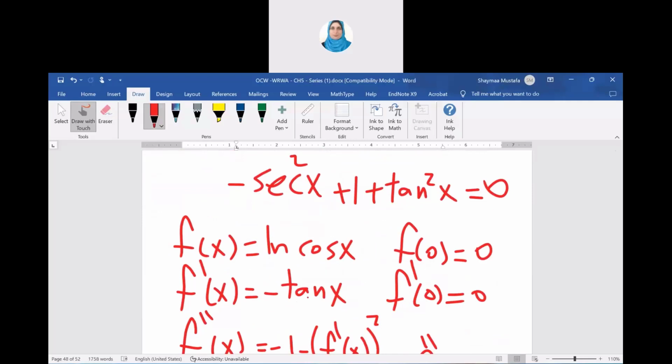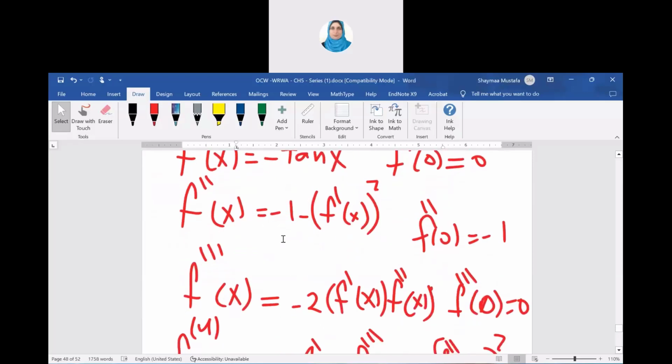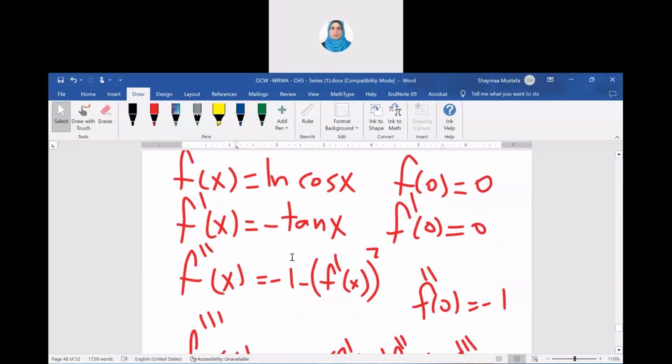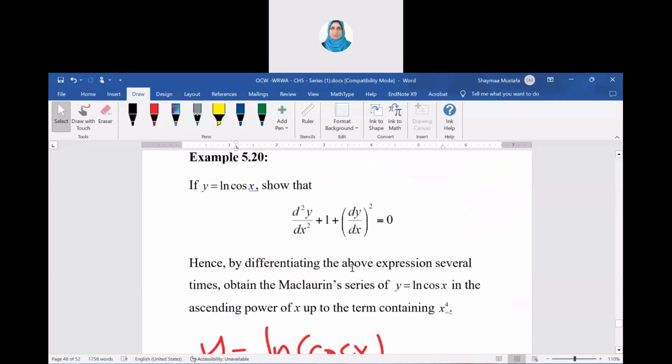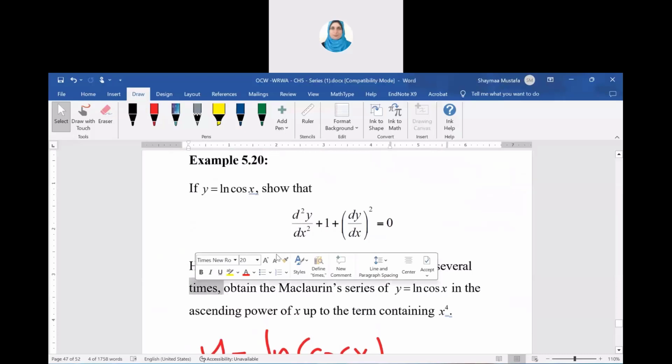Just take cos x, minus tan x, second derivative minus sec squared x. Third derivative, you need to evaluate the derivative of minus secant squared x, and so on. But here, I will not do that because the question asks you to differentiate this expression several times.